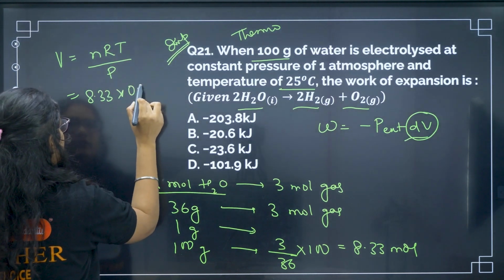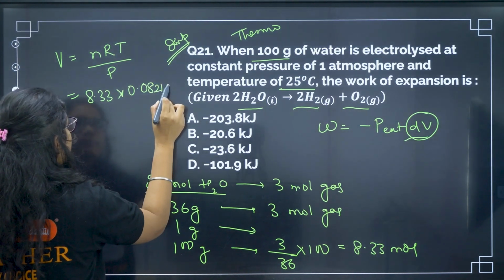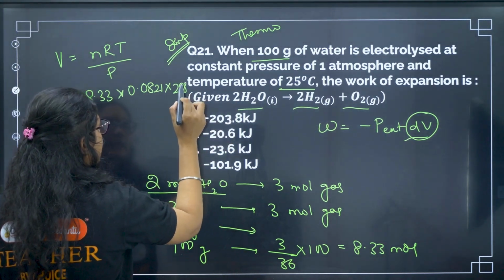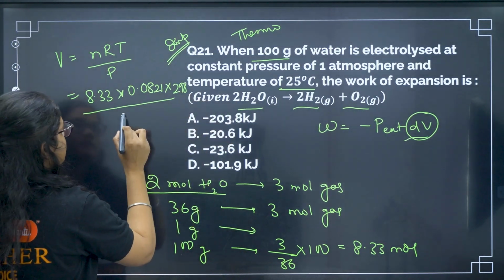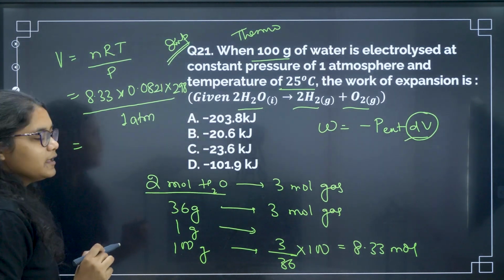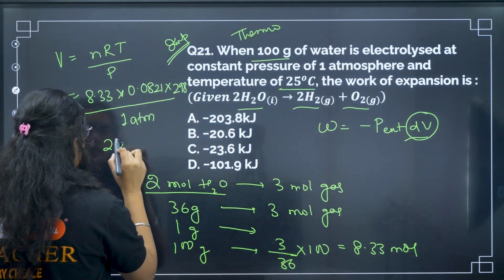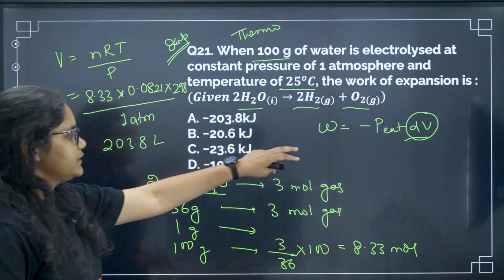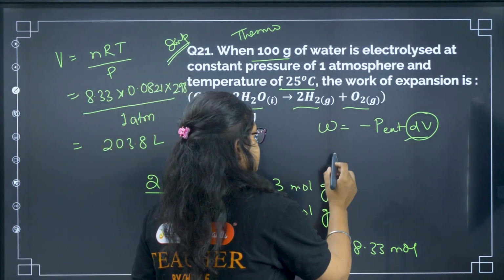R is 0.0821. Temperature is 25 degrees Celsius, so 298 Kelvin. Then pressure given is 1 atm. Okay. So if we solve this, you will be getting around 203.8 liter.